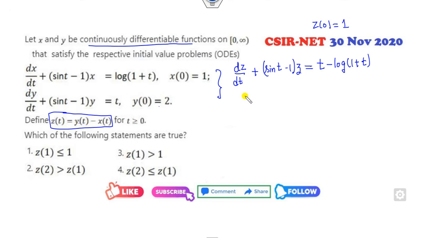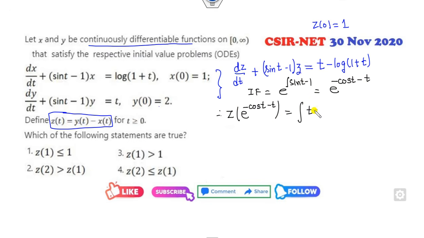Now how can you find the solution? Can you find the integrating factor? e raised to the power sine of t minus 1, so e raised to the power minus cos t minus t. So the solution will be z into the integrating factor. Fine. This is the integration of t minus log of 1 plus t, plus c.